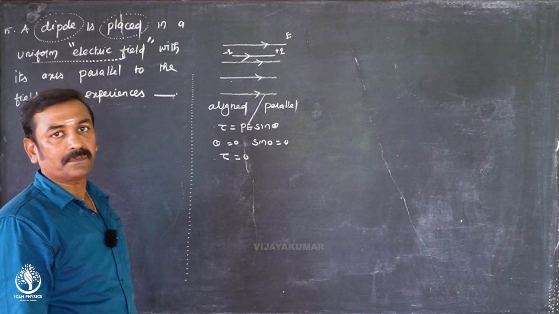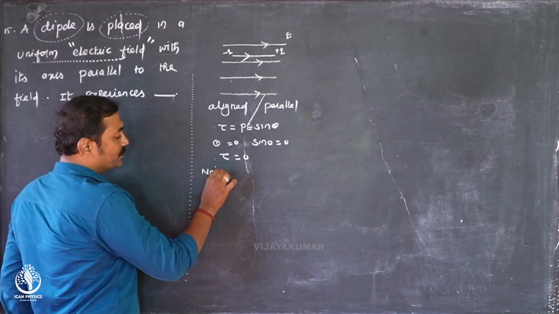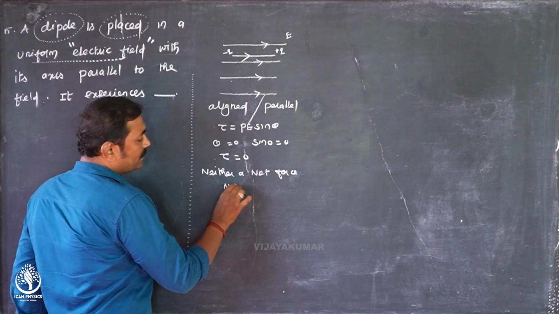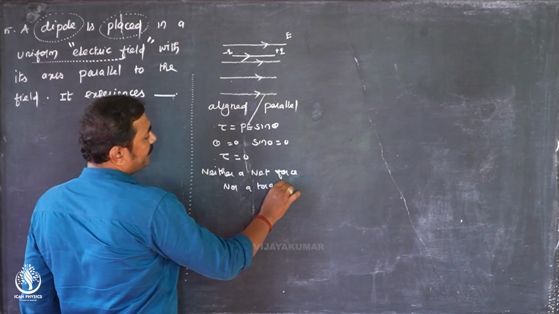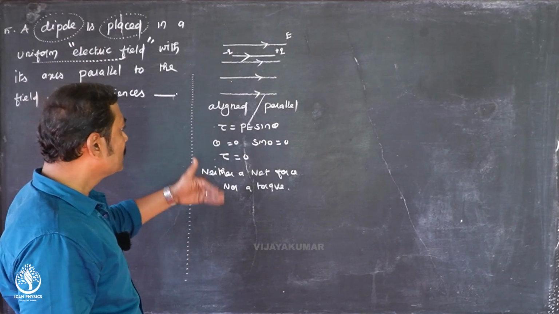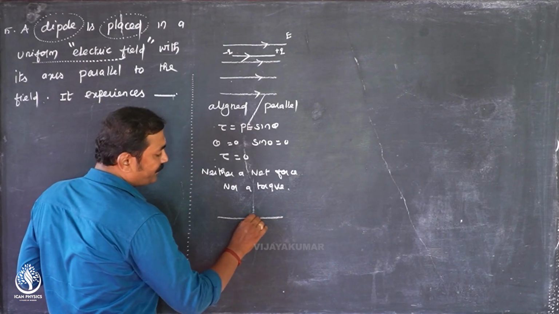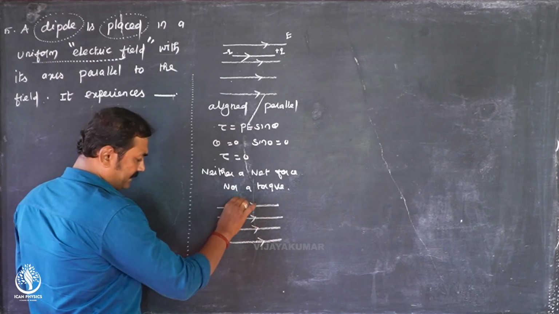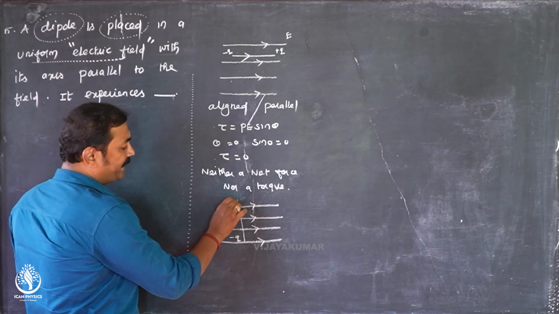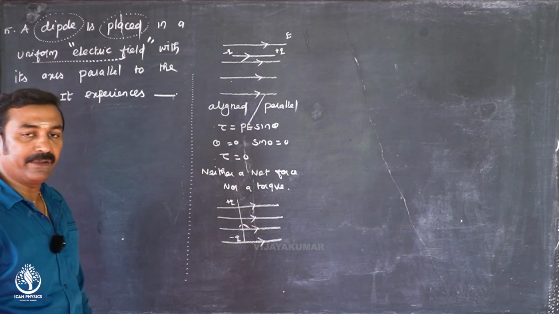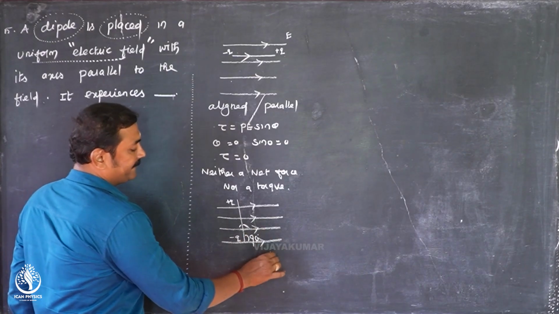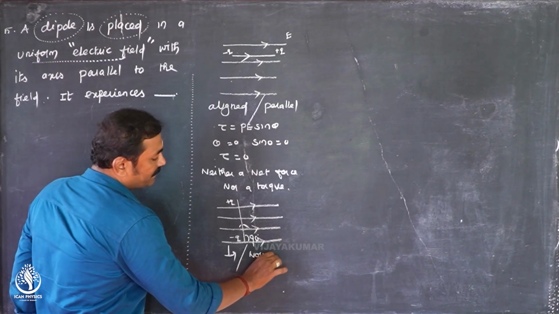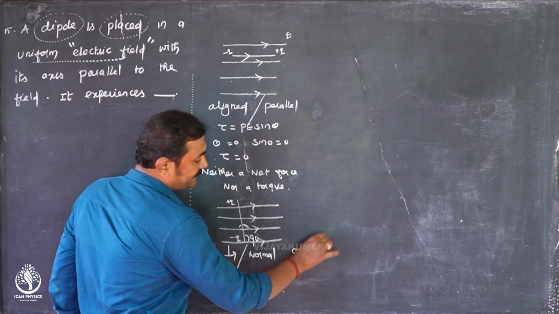So what may be the option? Neither a net force nor a torque. On the other hand, consider the uniform electric field where the dipole is placed perpendicular, which makes 90 degrees.